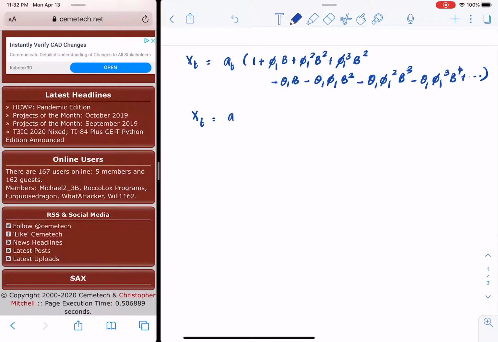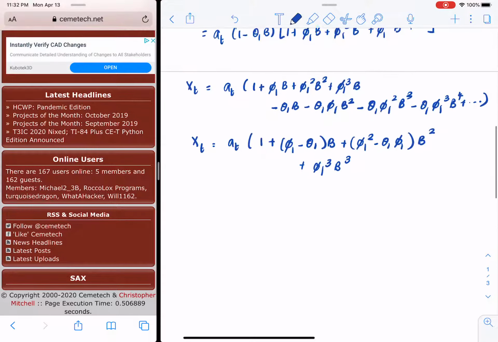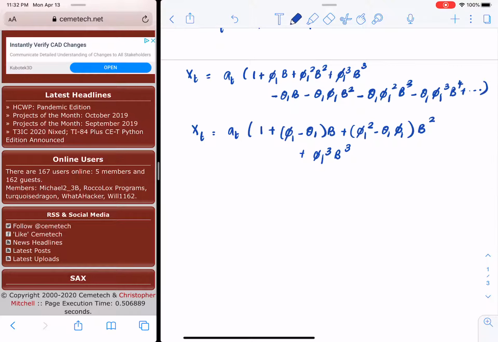So that would imply a_t times 1 plus, combining like terms, the B terms: (phi_1 minus theta_1) B, the B squared terms: (phi_1^2 minus theta_1 phi_1) B^2, phi_1^3 B^3, it should be cubed, minus theta_1 phi_1^2 B^3, and so on.